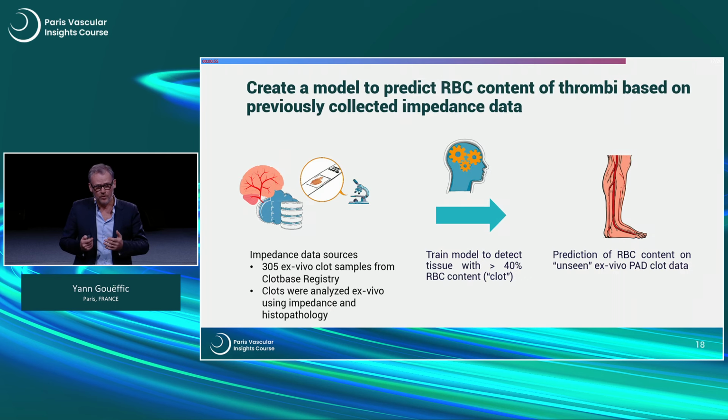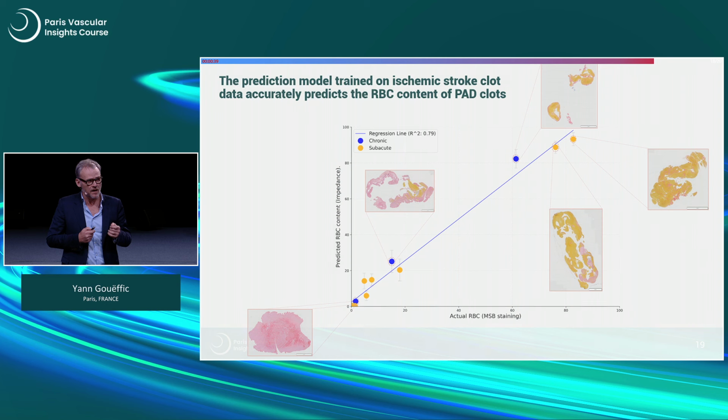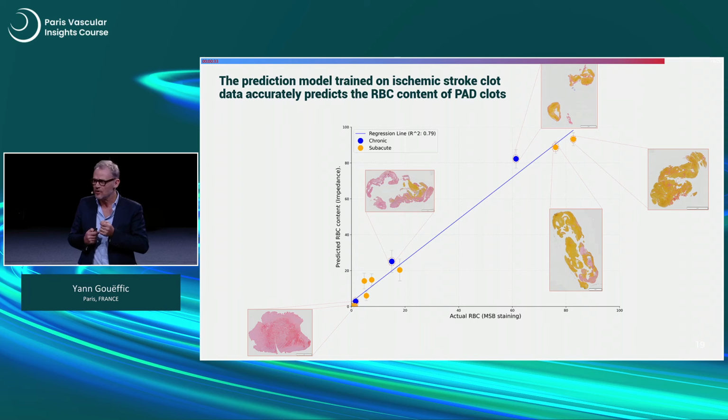But also, to confirm this analysis, we use a model already trained for cerebral ischemic clot. And using the peripheral samples, we check if it also works. And definitely, the answer is yes. The prediction model trained on ischemic clot data accurately predicts the red blood cell content of PAD clots.